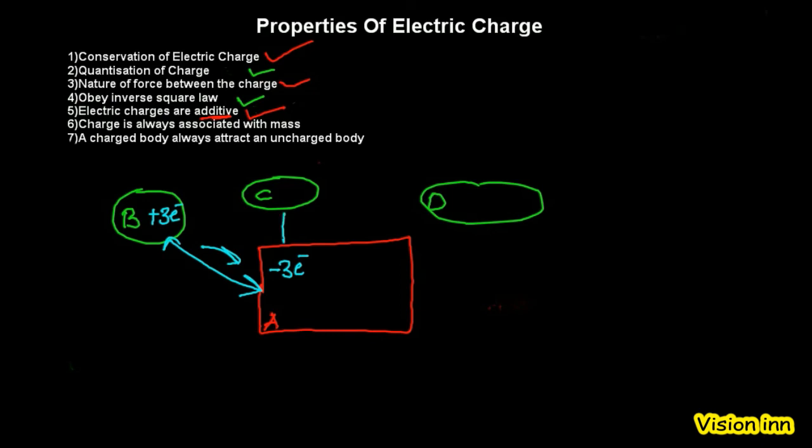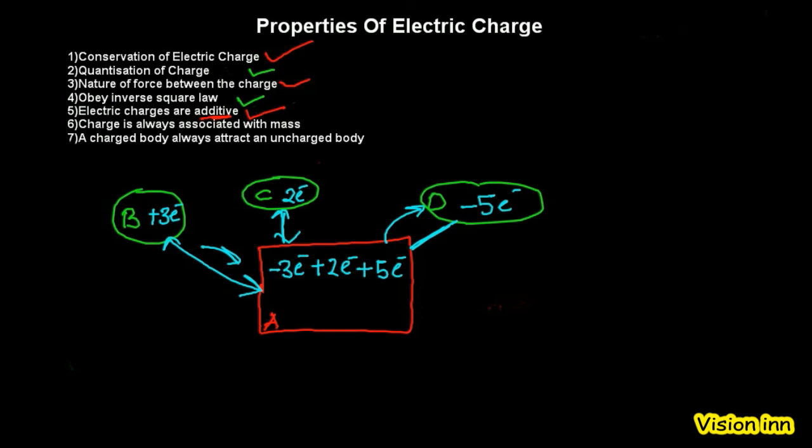Now I rub these two bodies A and C. So what happens? A loses 2 electrons and gains a positive charge, whereas C gains a negative charge. Similarly, I rub these two bodies A and D. So there is a transfer of electrons from A to D, and let's say A gains a positive charge of 5e and D gains -5e.